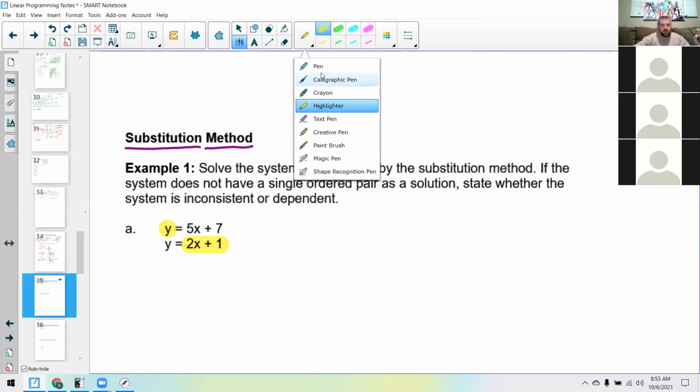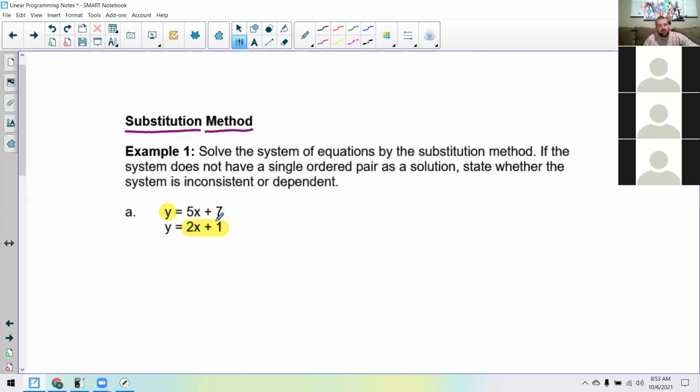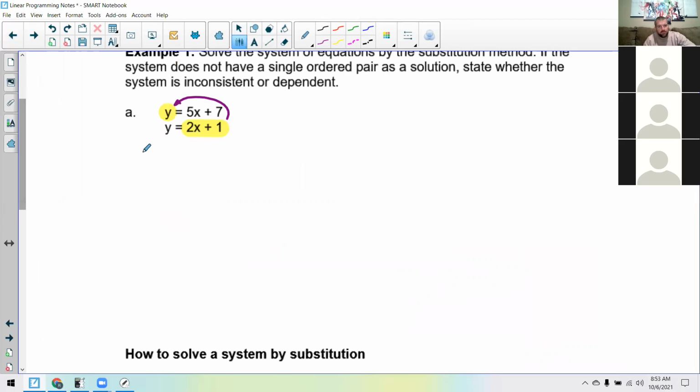So I'm going to take 2x plus 1, and I'm going to substitute it into y in the first equation. So instead of y equals 5x plus 7, I get 2x plus 1 equals 5x plus 7.